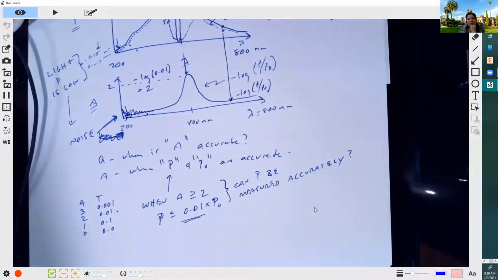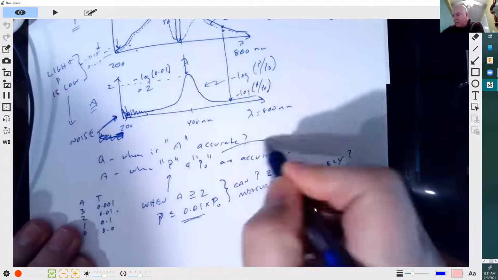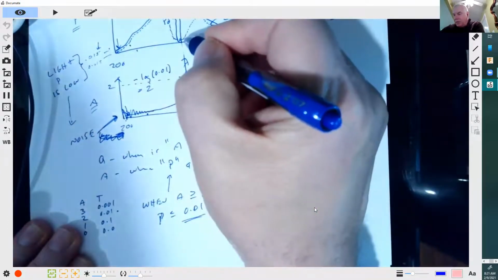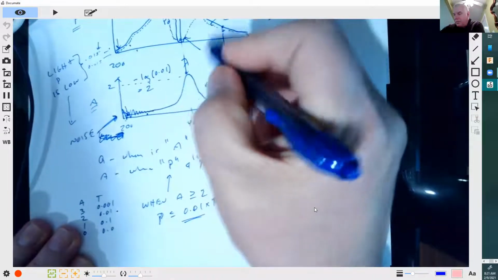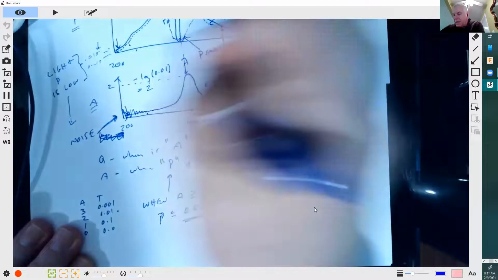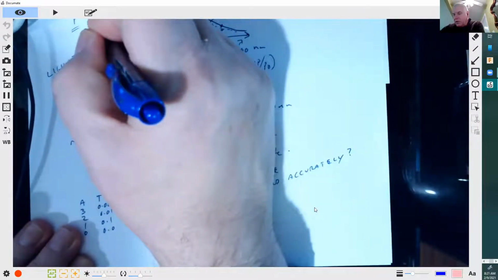Excellent conversation. There's also another thing that can make your measurement inaccurate, which is if P0 is small. So here P is small, and here P0 is small.